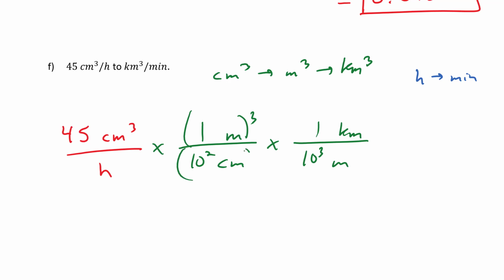Make sure you cube those values. Hours is on the bottom, so it'll go on the top here. Minutes on the bottom there. 1 hour is 60 minutes.